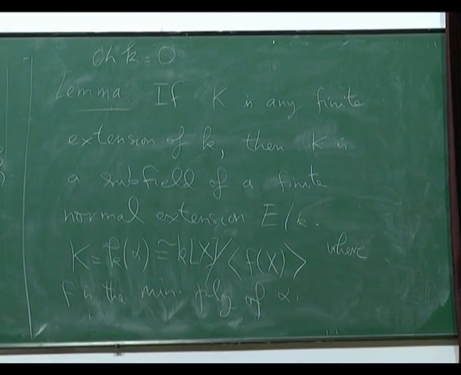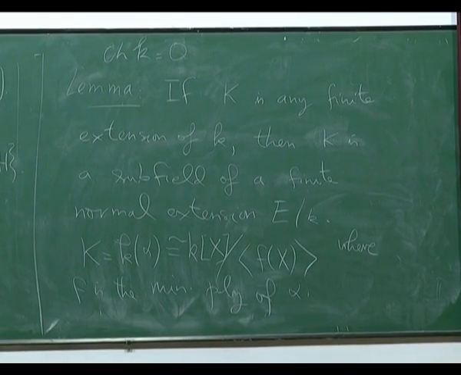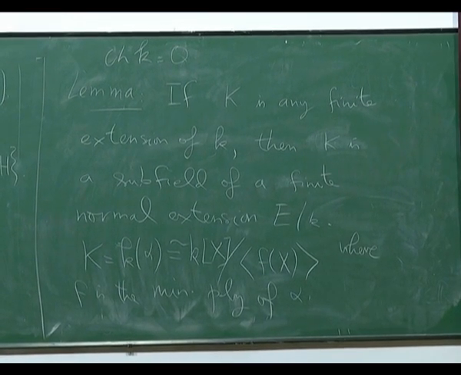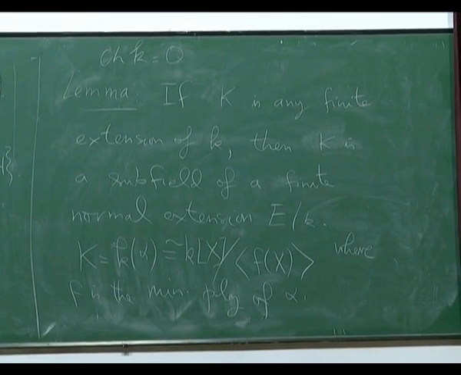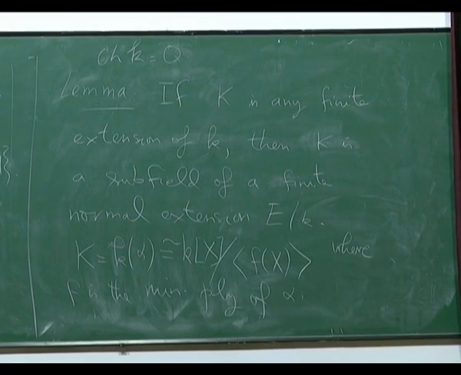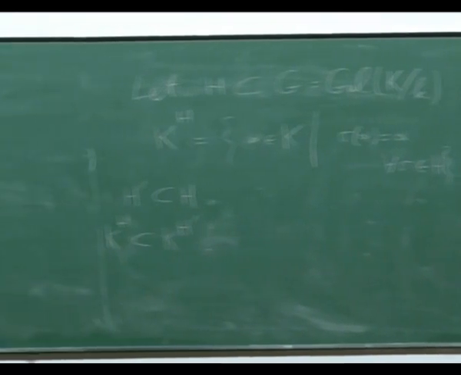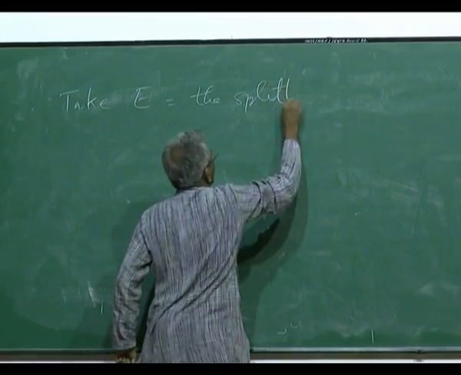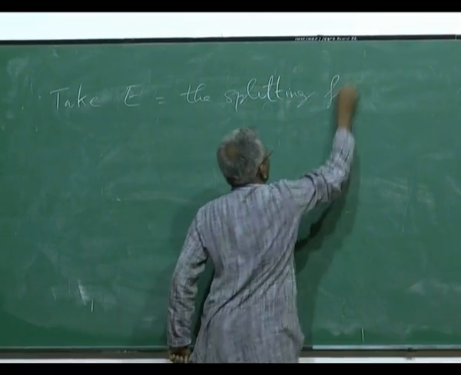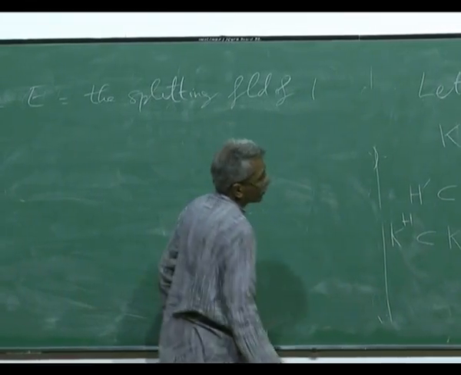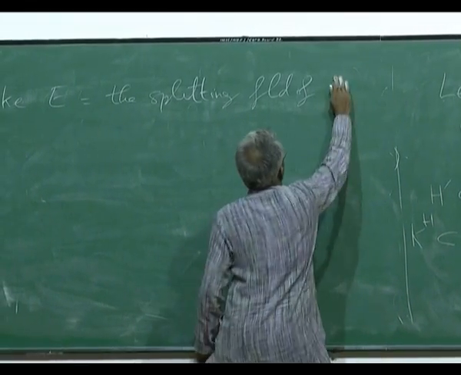Then I look at the splitting field of f, then take E to be the splitting field of f. Take E to be the splitting field of the polynomial f(x).